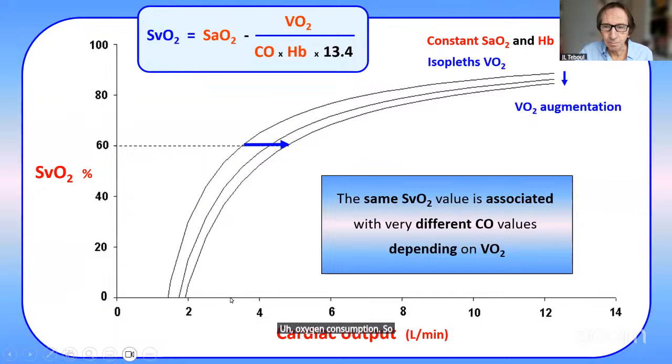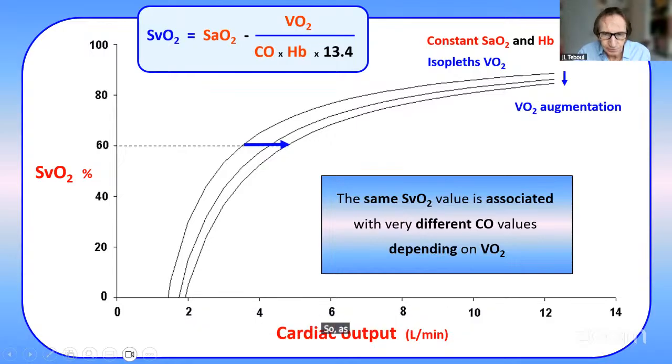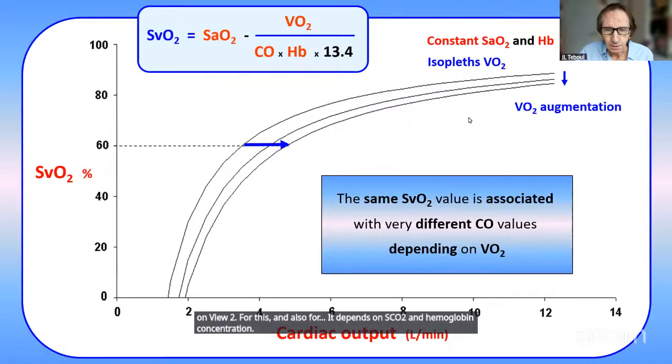So it is important to know that the same SVO2 value can be associated with different cardiac output values depending on oxygen consumption. So SVO2 is not the same as cardiac output. It depends on VO2 for this, and also it depends on SaO2 and hemoglobin concentration.